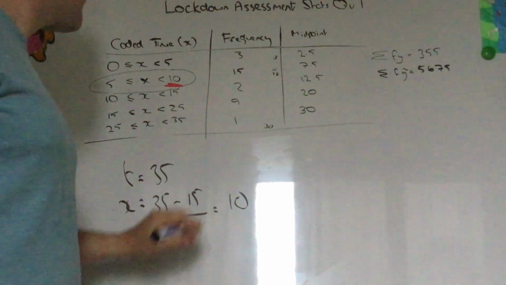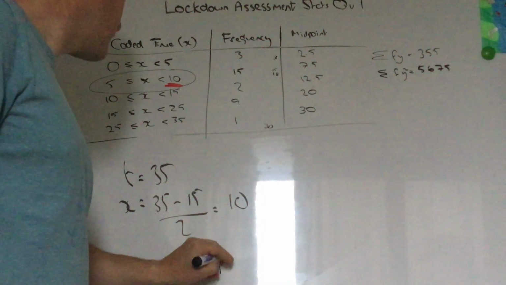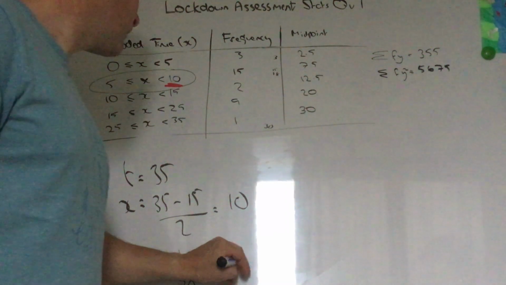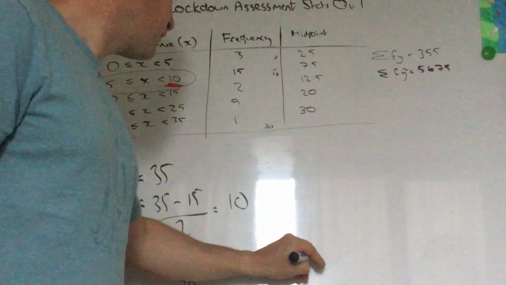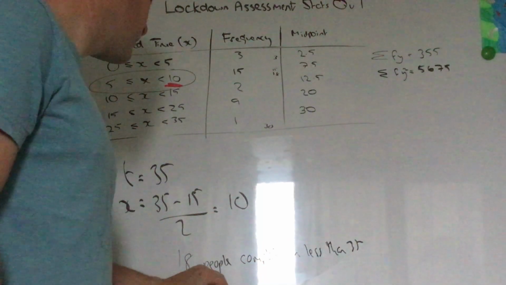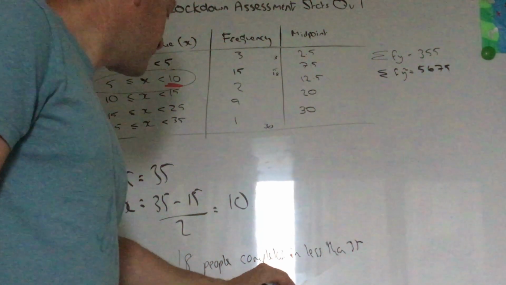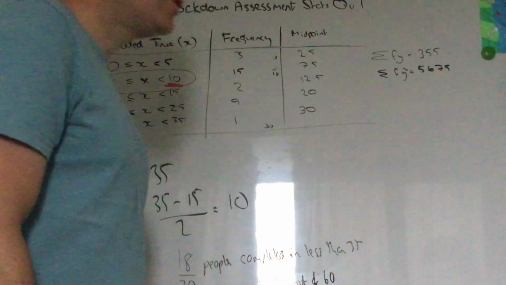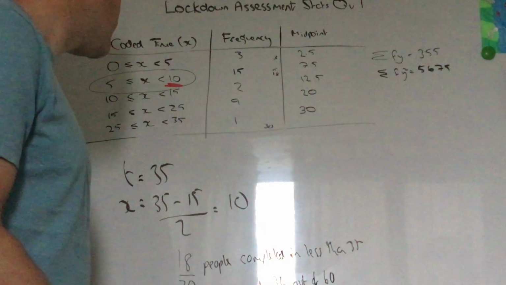So 3 add 15, so 18 people out of 30, so 18 30ths of people completed in less than 35. So we'd expect 36 out of 60. So then we can conclude that yes, he'll be able to fill the 25 positions.